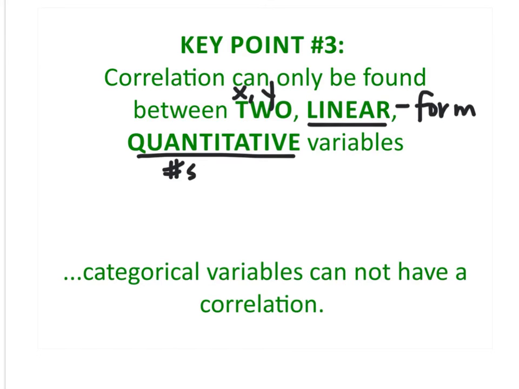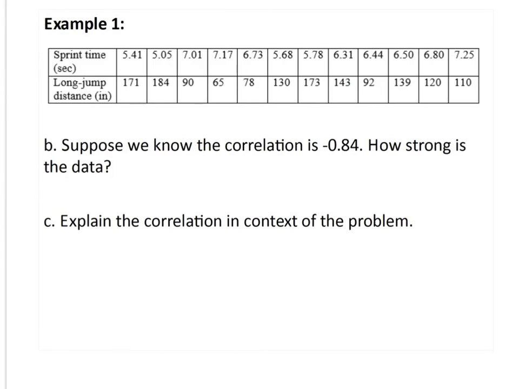That's a common multiple choice question or tricky question on an AP exam. Categorical variables can't have a correlation. So if we finish this example, part B says, suppose we know the correlation is negative 0.84. How strong is the data?